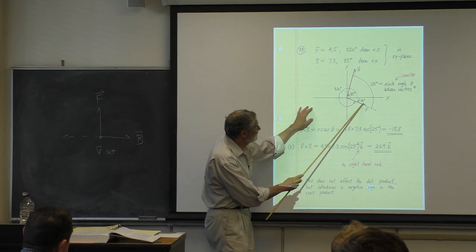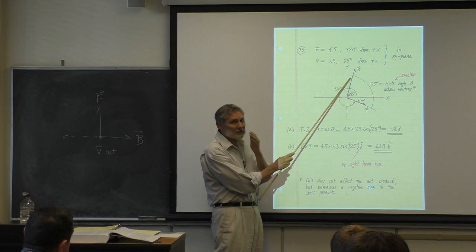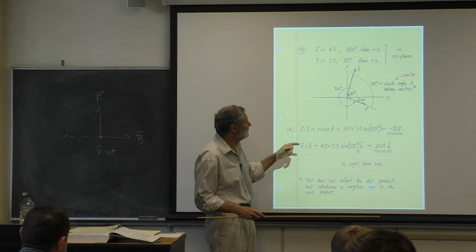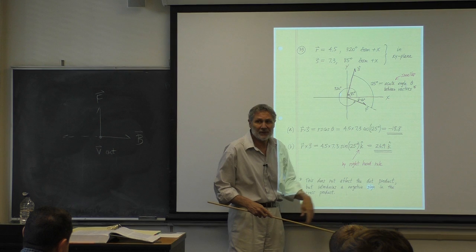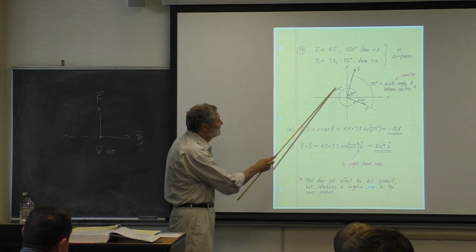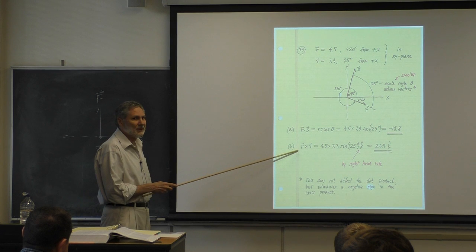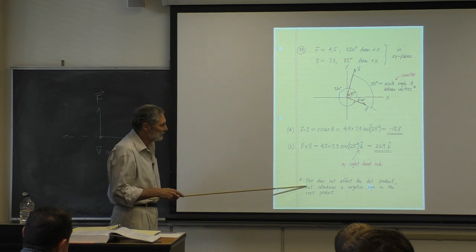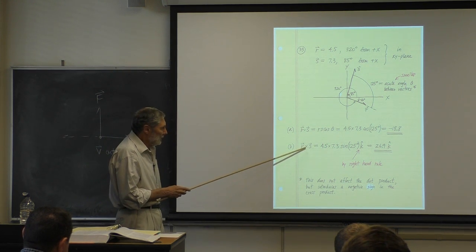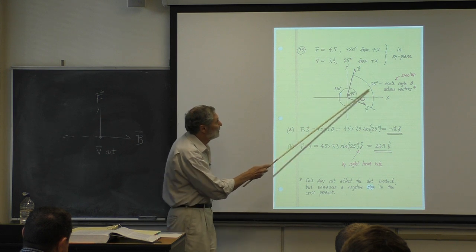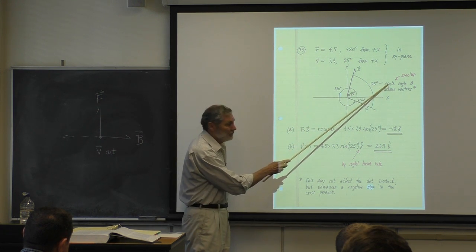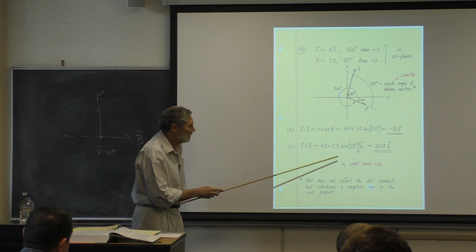Now there's another possibility. This can also be considered the angle between the two vectors: 360 degrees minus 125, that's this angle. It doesn't make any difference in the dot product, but you've got to be careful in the cross product. I have a little footnote here. If you don't take the smaller of the two angles, what's called the acute angle, you'll be off by a sign.